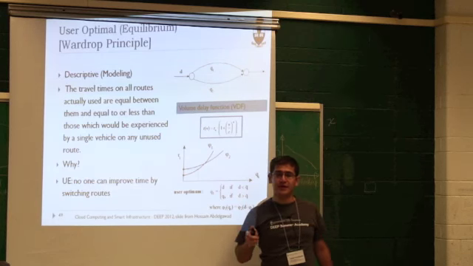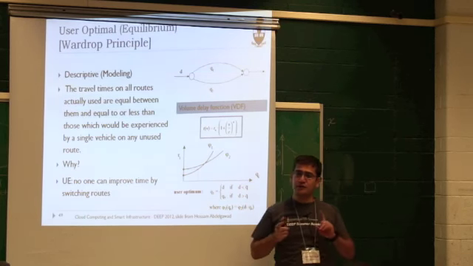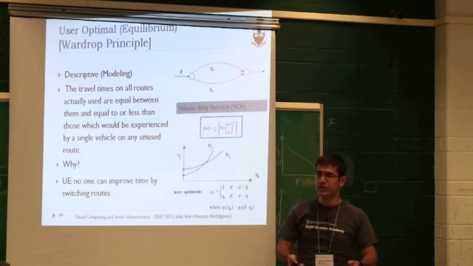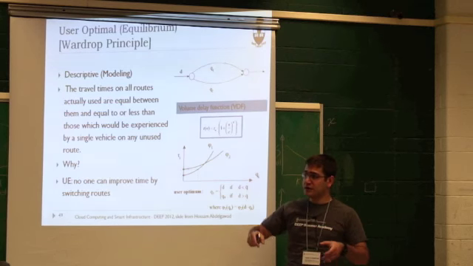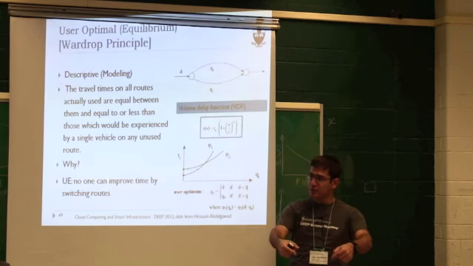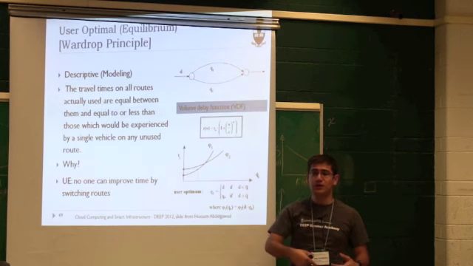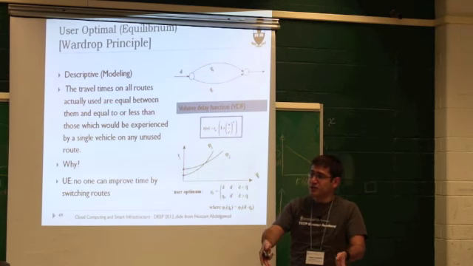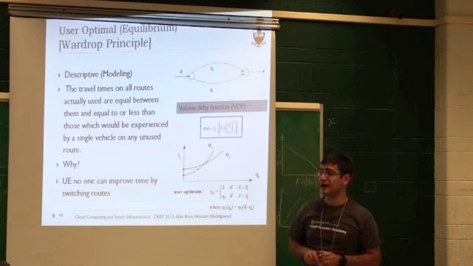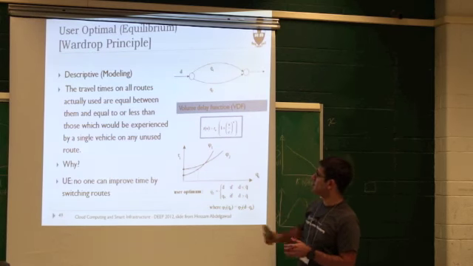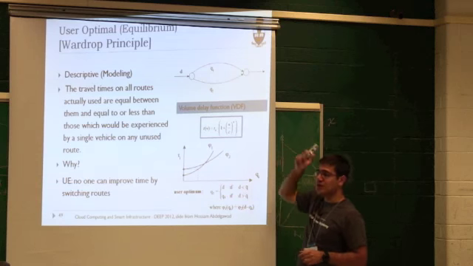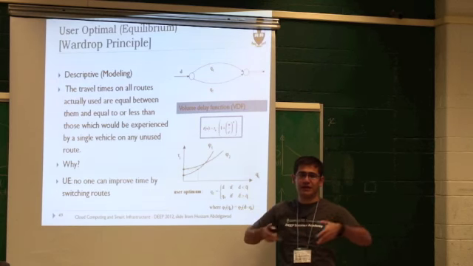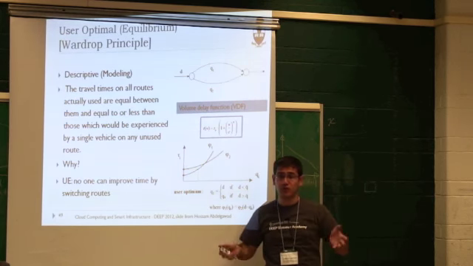What ends up happening in user equilibrium is people shift from one route to the other one, so even though usually a route takes longer, less people are going to be using that, and more people are going to be using the faster route, but what you're going to end up with is both routes taking the same exact time. Okay, that's the principle, that the travel time using the upper one and the travel time using the lower one is going to be the same. And this is also common when you have multiple, like 5, 10, 20 routes. That's what ends up happening.